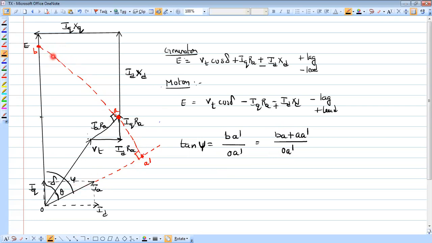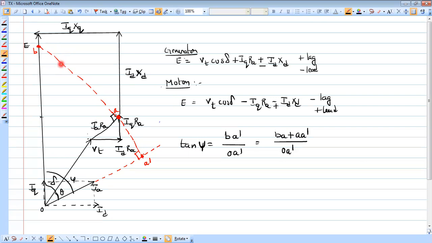If you observe this line BA, it is perpendicular to the Ia and also perpendicular to IaRa. Why? Because IaRa is a resistive drop, so it will be in phase with Ia. So this BA line is perpendicular to IaRa. That means it seems to be a reactance drop, right?